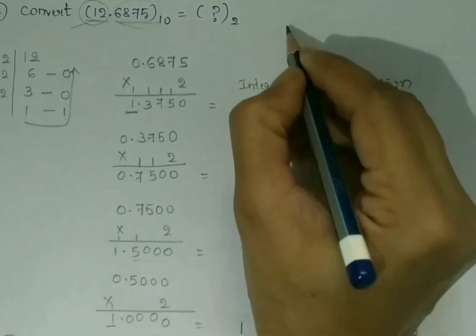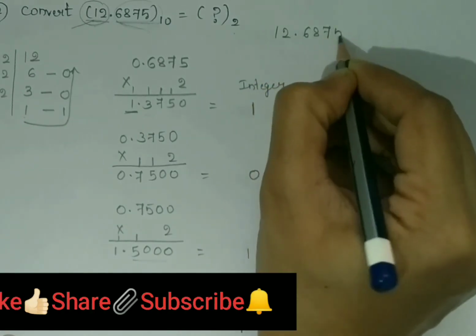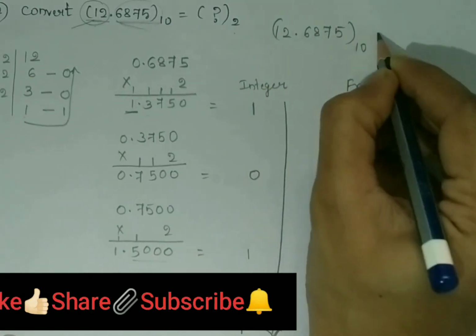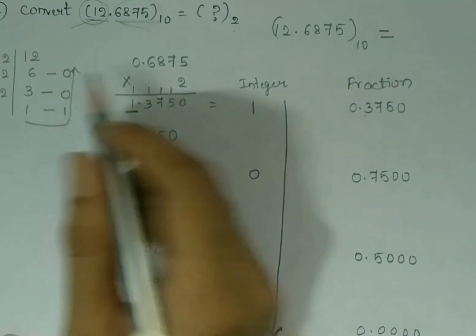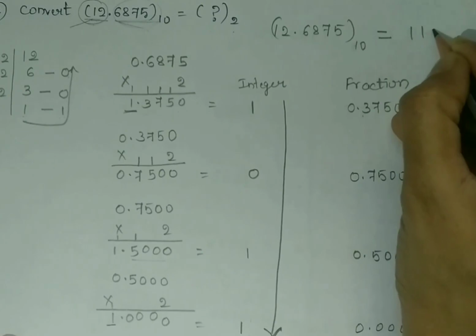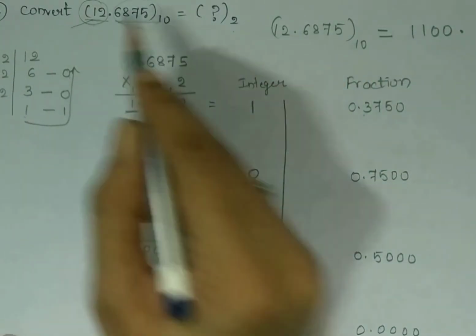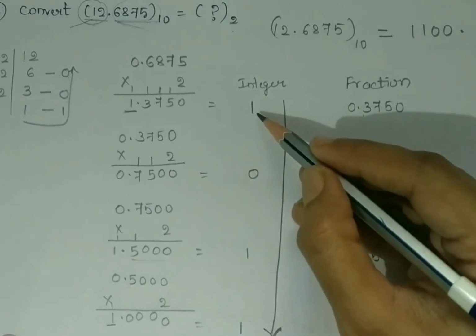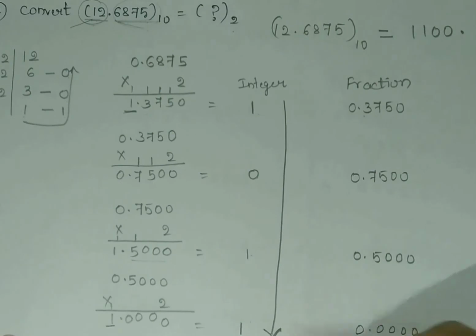So 12.6875 to the base 10 you can write in binary as 1100 point. What is the conversion of 6875? 6875 is 1011. This you will write in downward direction.